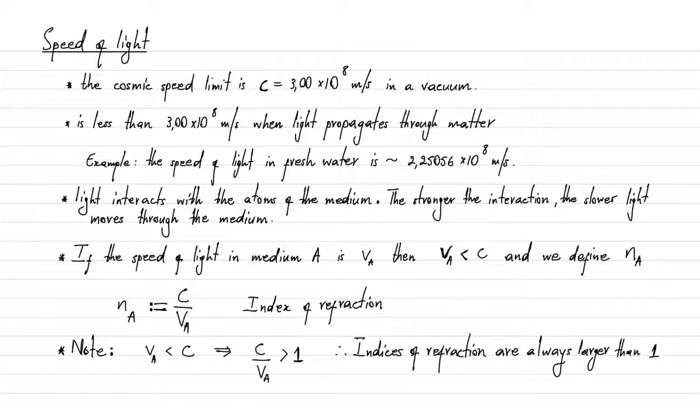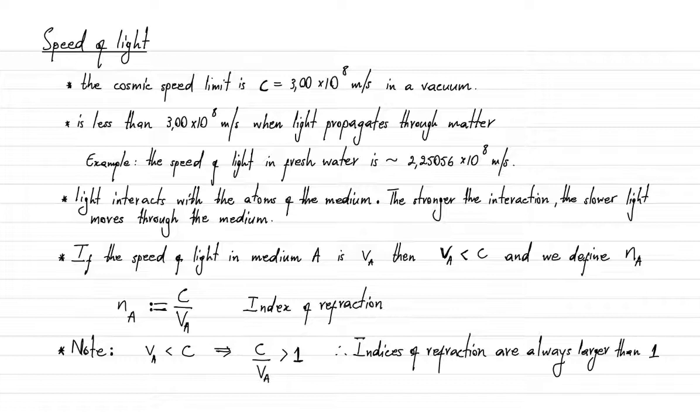The speed of light is the upper limit. Everything else has to travel at a speed less than that. This is the universally accepted value of the speed of light. However, it must be noted that this refers to the speed of light in a vacuum.